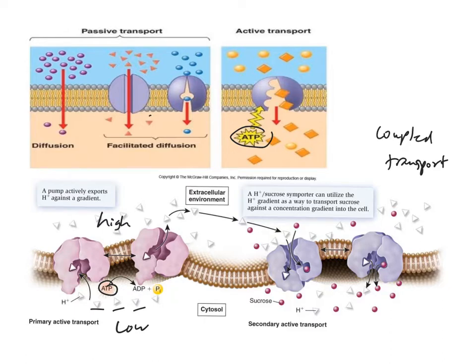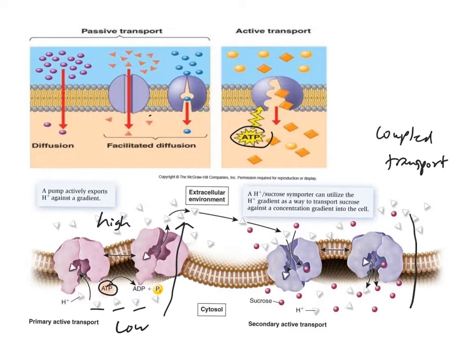So the cell is pumping them using energy to move them from low to high outside of the cell, and it's doing this in such a way that it makes a gradient. Gradients are very important to cells. Cells need to have high concentration of certain ions and certain molecules on one side of the cell and lower on the other. In order to do that, it has to use active transport to pump ions against the gradient. Later on, the cell can use this to do work.